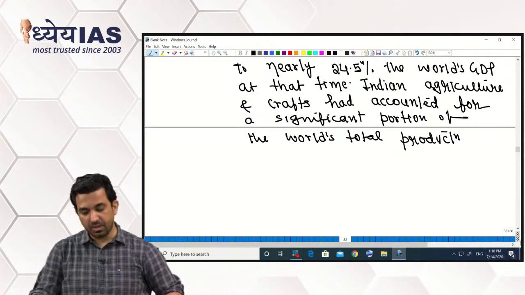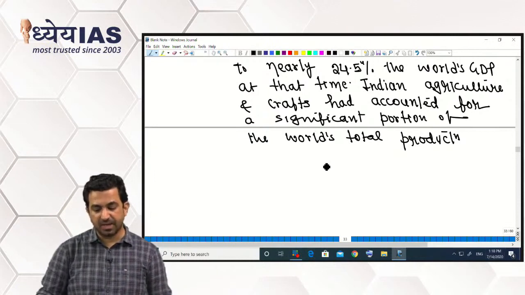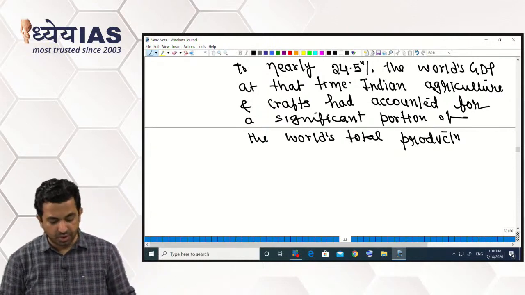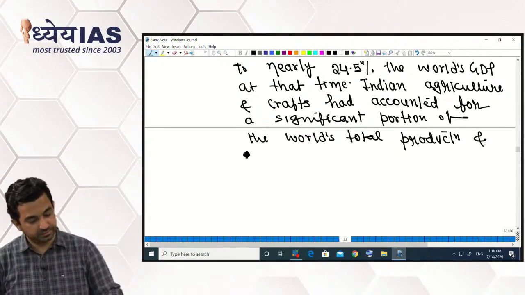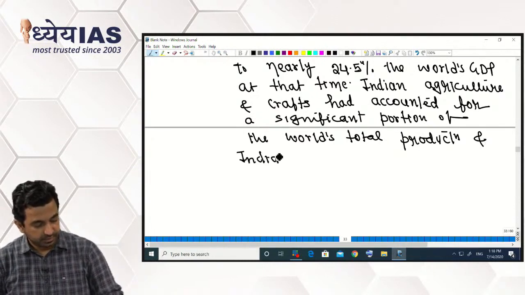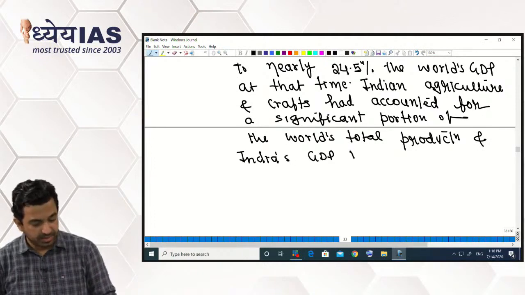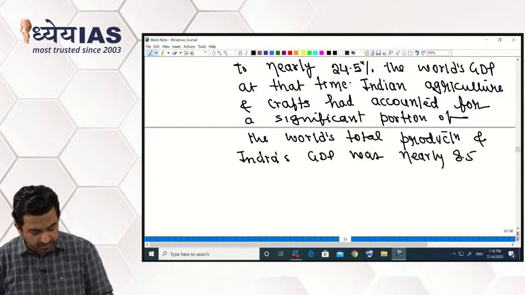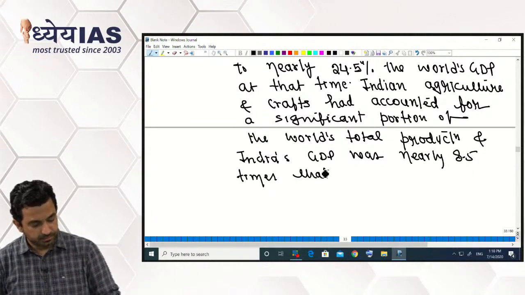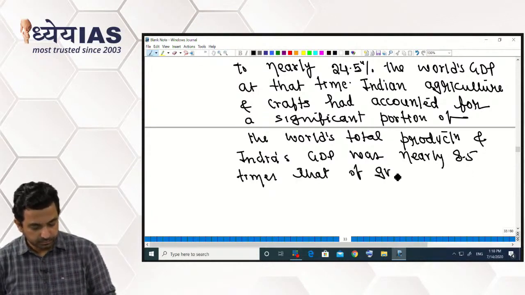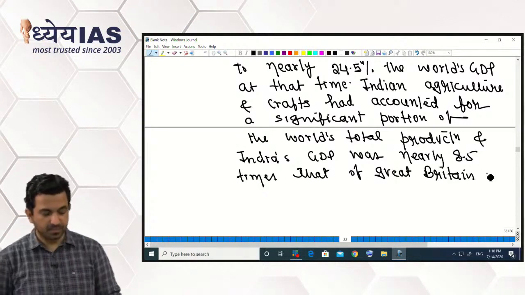So Indian agriculture and crafts had accounted for a significant portion of the world's total production. And India's GDP was nearly 8.5 times that of Great Britain.